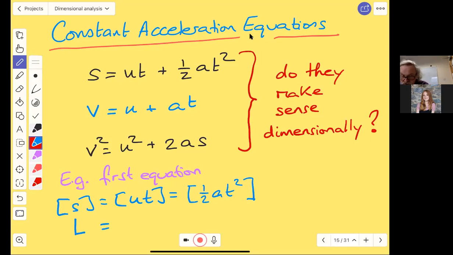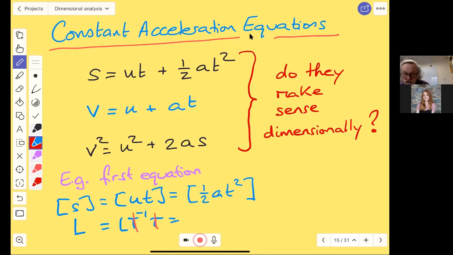And ut has got dimensions, just think about it, LT to the minus 1 for u times t for this time here. So it's LT to the minus 1 times time. So L again. So LT to the minus 1 t, and those factors cancel. So we just got L again.